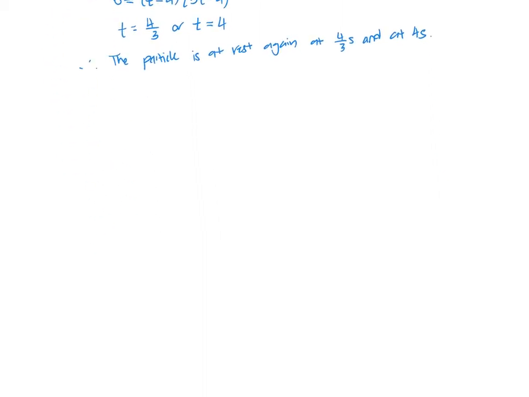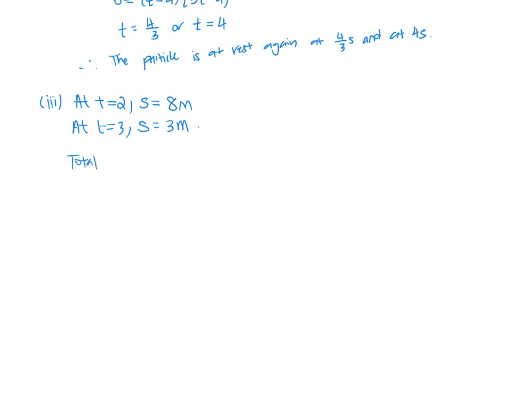For part 3, at t equals 2, we will work out our displacement to be 8 meters. Likewise, at t equals 3, our displacement is actually 3 meters. So from here we see that the particle has traveled how much?